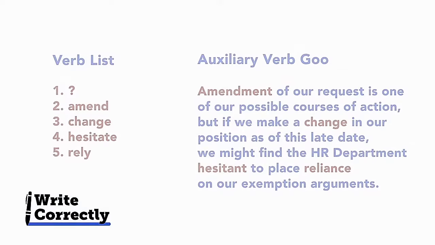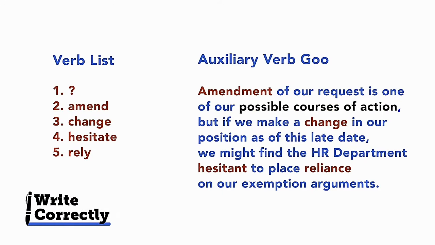Well, you will learn another weird concept in Section 4. Have you ever heard of auxiliary verb go? No. Not unless you've taken one of my courses. Look at the words possible courses of action. That's what amendment is. Amendment is a possible course of action.